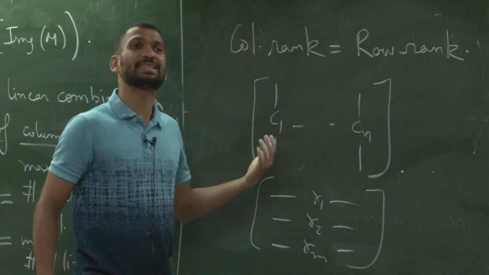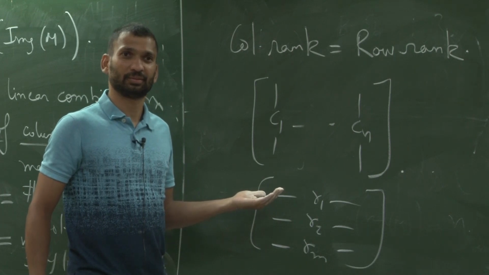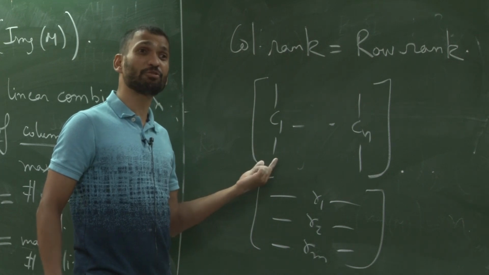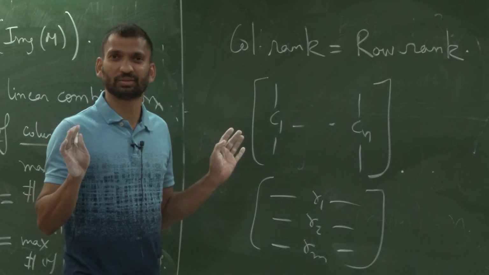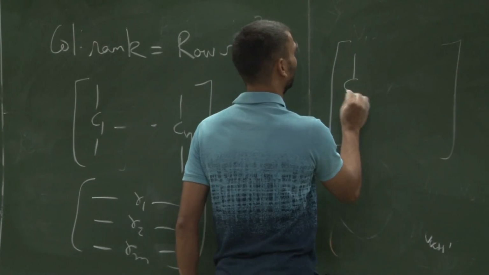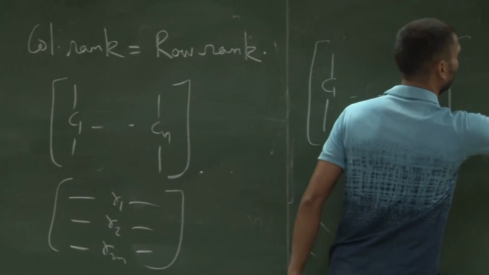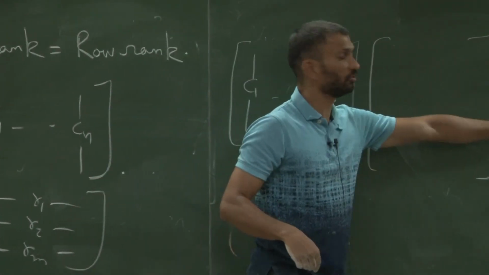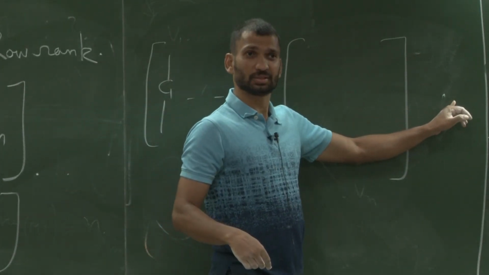Okay, so suppose the column rank is k. What does that mean? Everything here can be represented in terms of k columns here. Let's say some C1 to Ck. There is some linear combination here which will give me C1. There is some linear combination here which will give me C2.